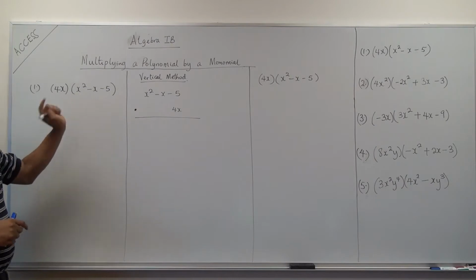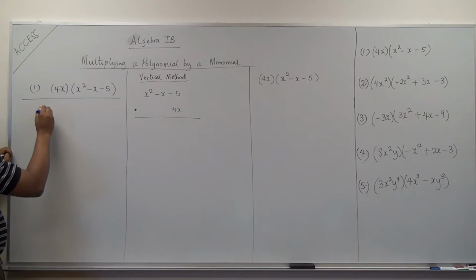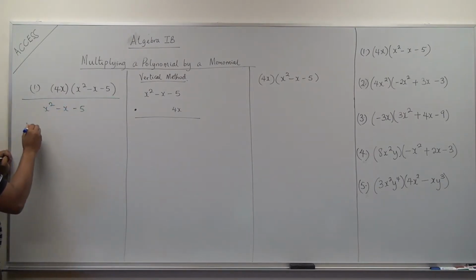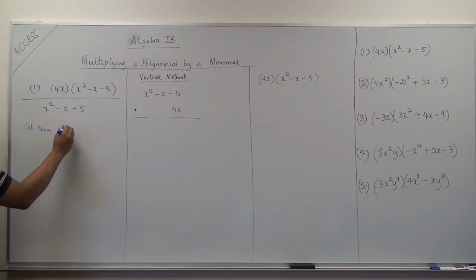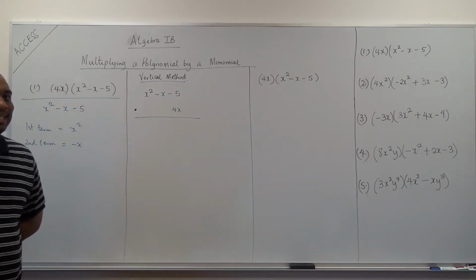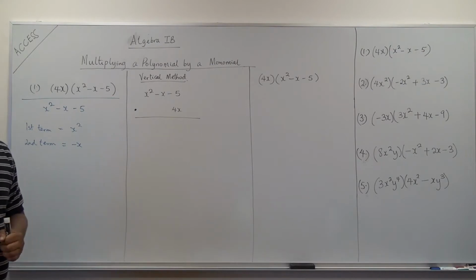Now, let's look at these 3 terms here for a while. Let's kind of deviate for a while. What is the first term? The first term is x squared. The second term is negative x. Not just x, but negative x.